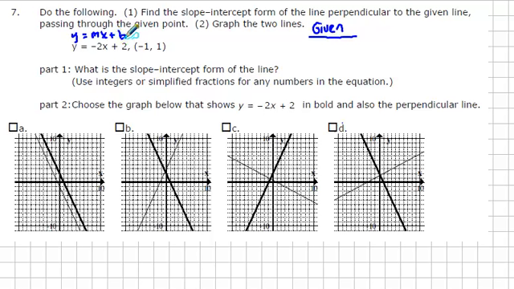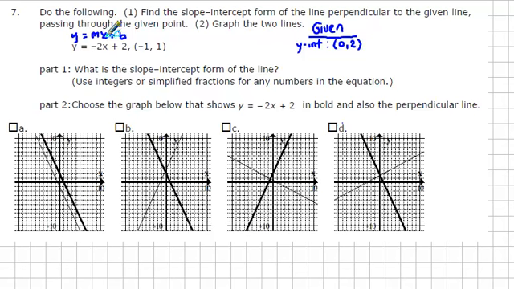So noticing that b corresponds with 2, that tells us that the y-intercept of the given line is 2. So we'll write down here that the y-intercept is the point 0, 2 on the given line.